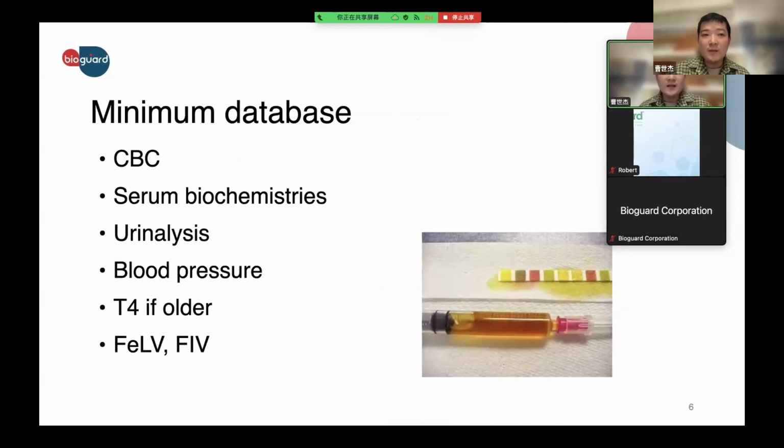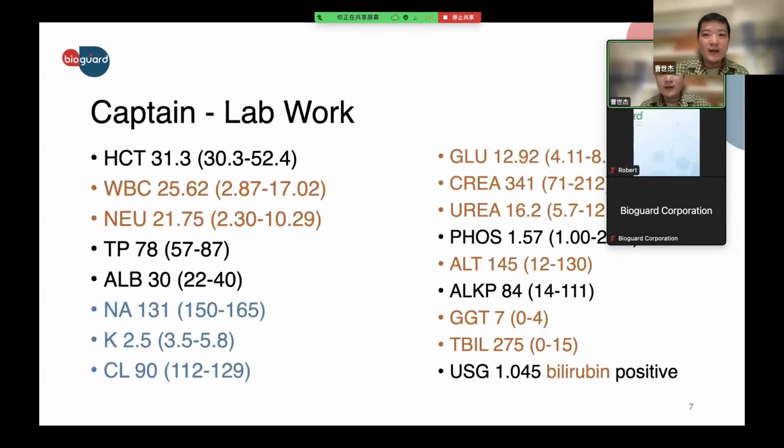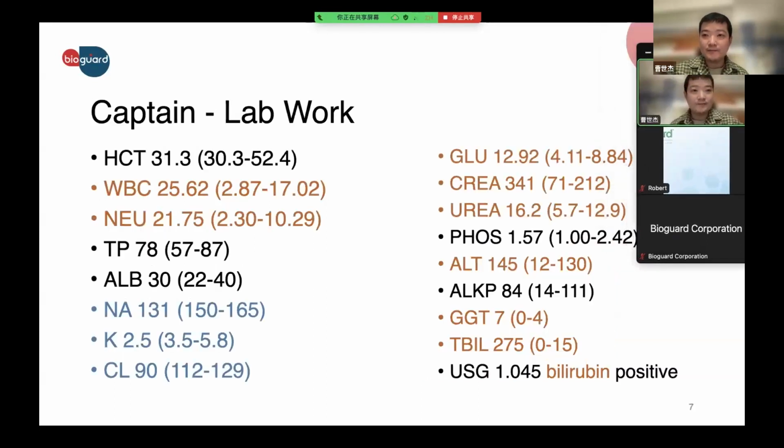The minimum database includes CBC, serum biochemistry, urinalysis, blood pressure, T4 if it's an older cat, and FeLV, FIV. And commonly we will see the urine turn orange as well, because there is a lot of bilirubin in the urine. And this is the lab work.